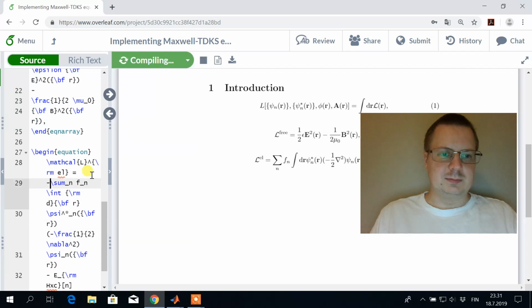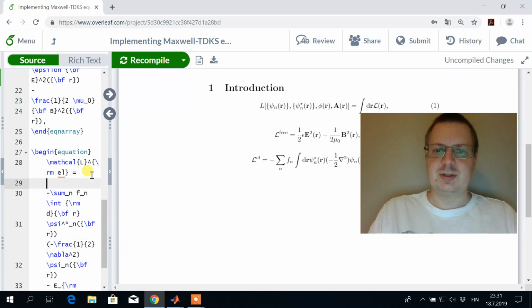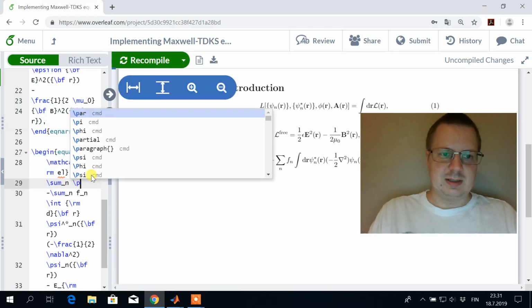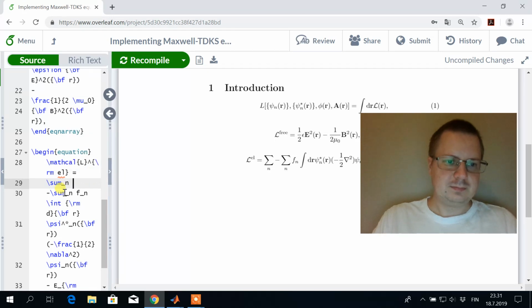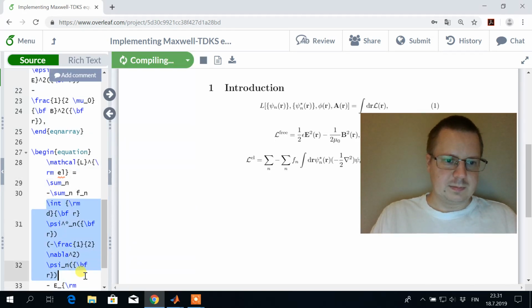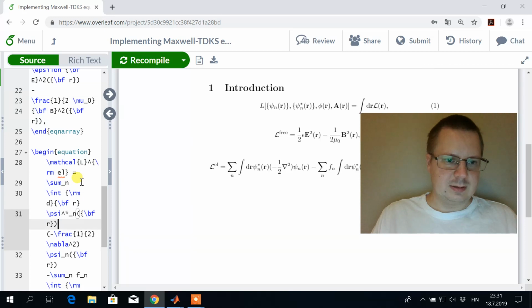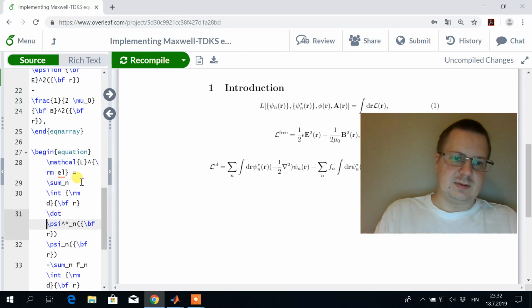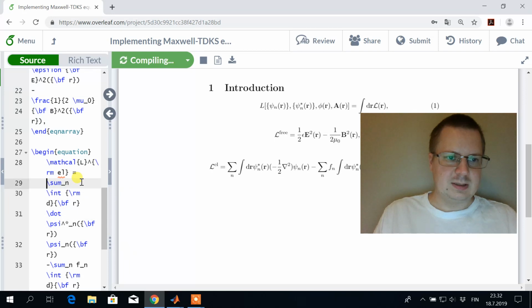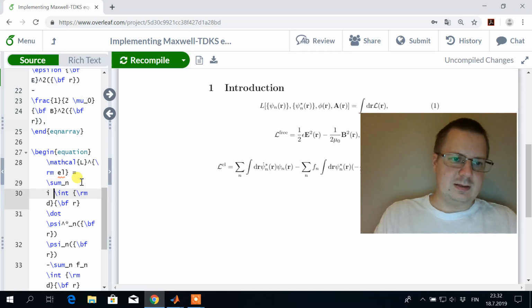And then we also have the kinetic part, which induces the Schrödinger equation, and that looks something like this. It will be psi star n, and then we make this one time derivative, and then we add the imaginary unit.